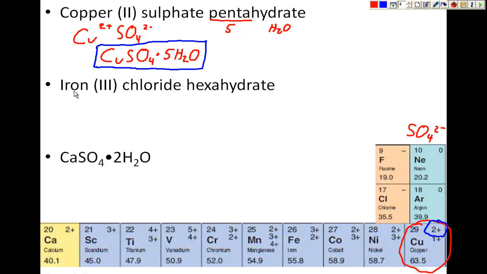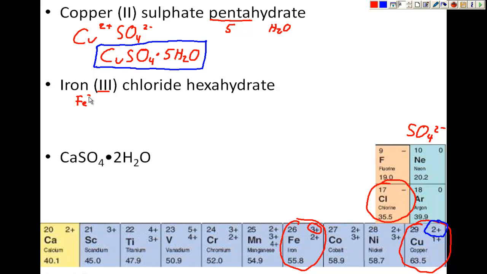Okay, next one. We have iron 3 chloride. So again, we have iron. Now this one is, we're going to be using this one up here, the 3 plus. Chloride, right here. Hexahydrate. So first let's write this.